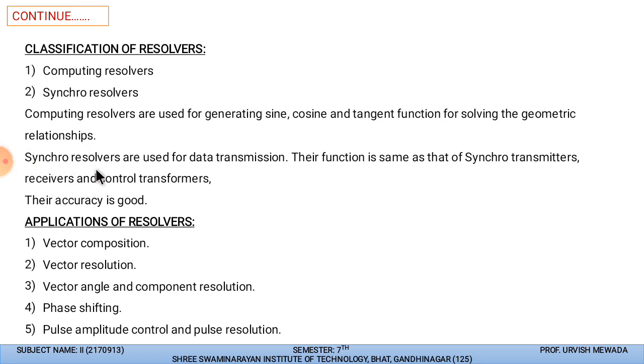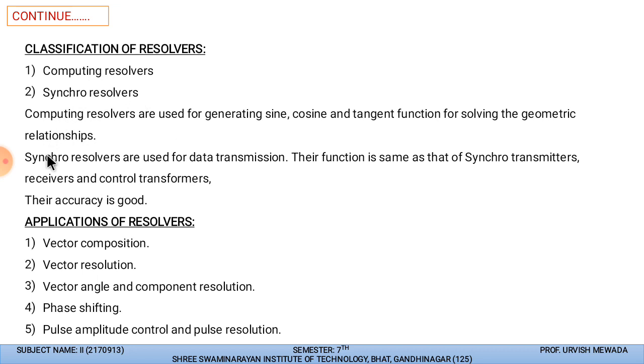And synchro resolvers are used for data transmission. Basically, their function is the same as that of a synchro transmitter, receiver, and control transformer. And the accuracy of both computing resolvers and synchro resolvers is good.